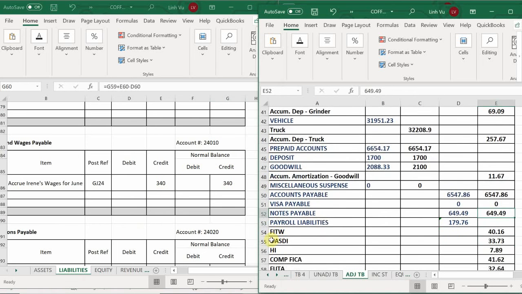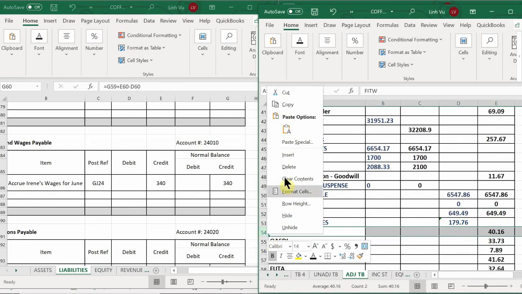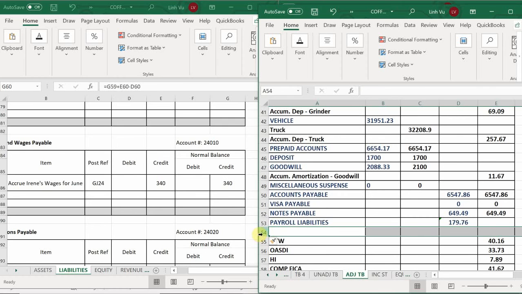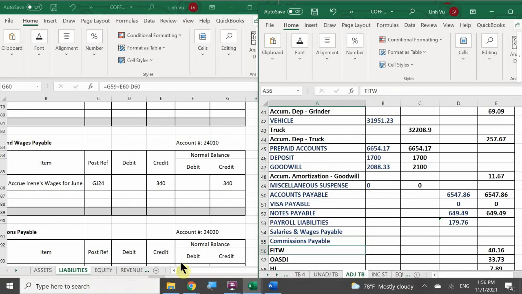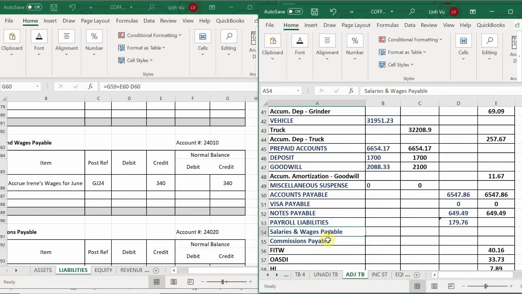So I'm going to insert them here: salaries and wages payable, and commissions.